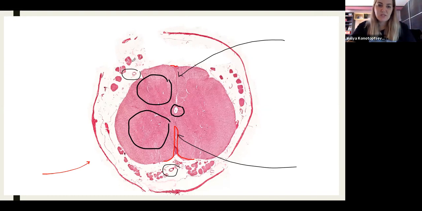And somebody said vessels. This structure right here is the anterior spinal artery. This one right here is the posterior spinal artery. As you can see on our slide, we can only see one of them. Another one should have been here, but due to the sectioning, we cannot see it.